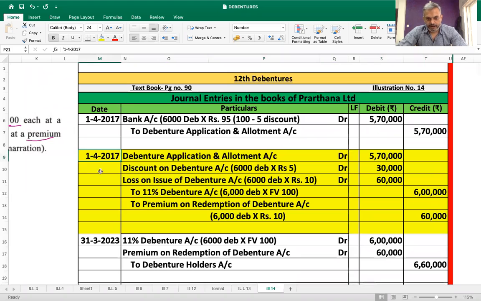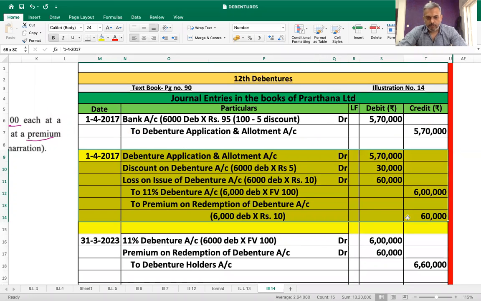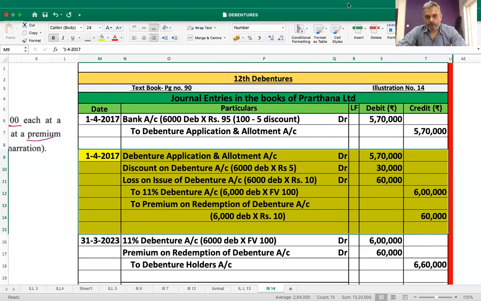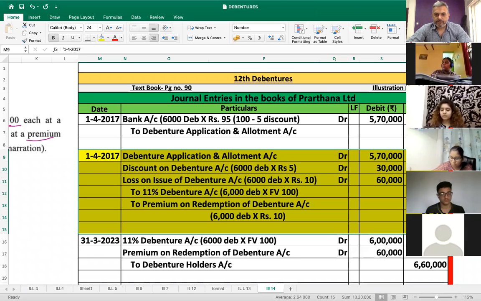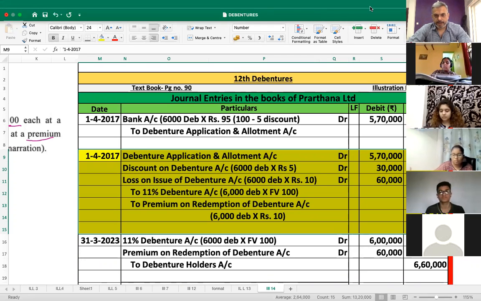This is the important entry. Please be careful. Always write in brackets so that you don't make a mistake. Did everyone understand this condition? Okay, great. Let's go to the next one.